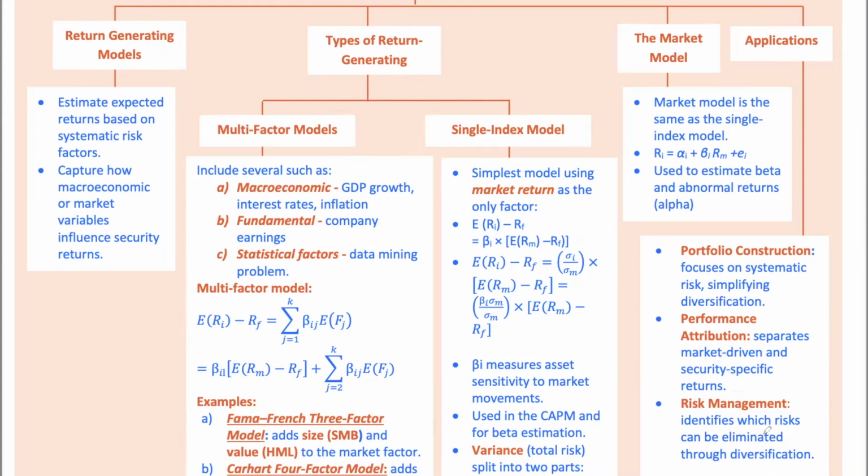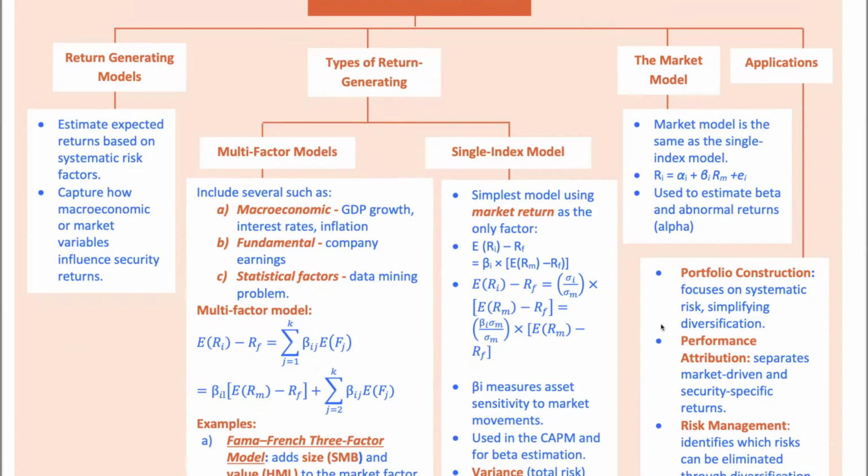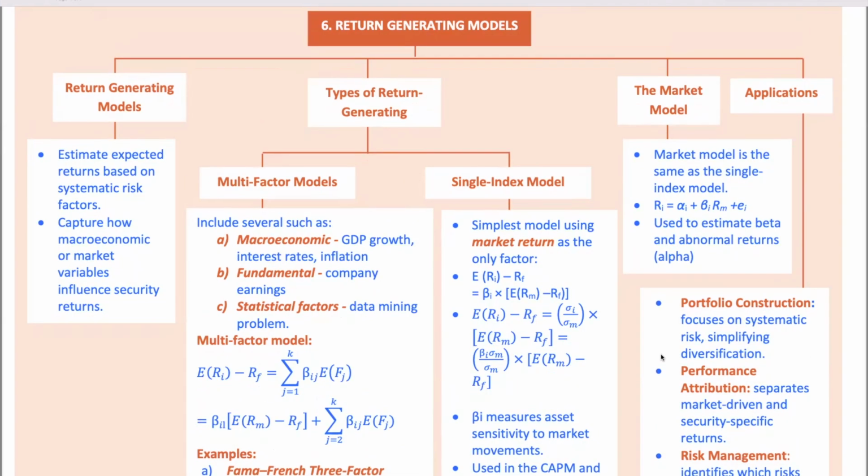The market risks we have to be compensated for. In practice, this means managers can spot when they're overexposed to certain factors, like interest rates or inflation, and adjust before it becomes a problem. So yeah, these models, they're used every single day to design portfolios, measure performance, and manage risk in the real world.